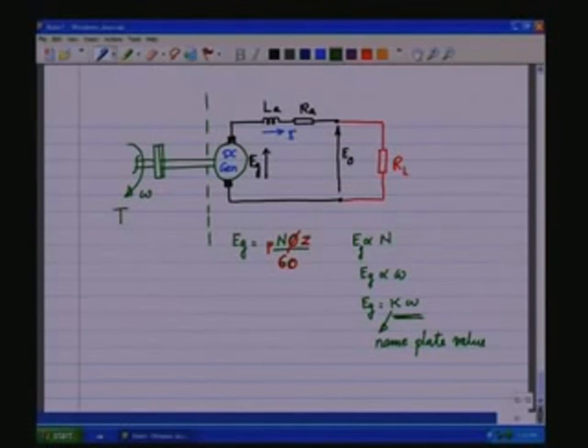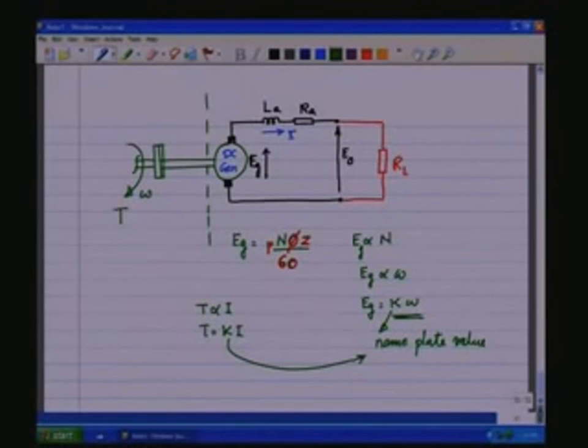Now, you see that the potential variable E g is now dependent on the flow variable or the kinetic variable on the mechanical side. So, this is a gyrator. Which means that T is proportional to the load I, because the load I is going to give an opposing torque on the mechanical side by the Lorentz force, and the torque has to overcome that opposing torque, which has to be proportional to I, and T will be equal to the same k into I, which is provided in the nameplate. Okay.